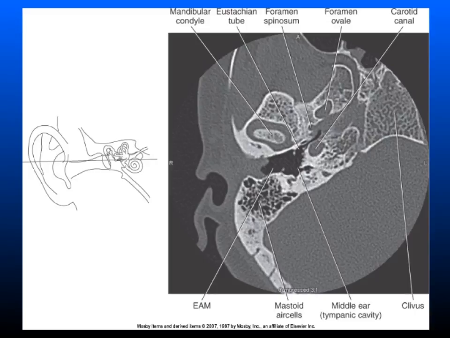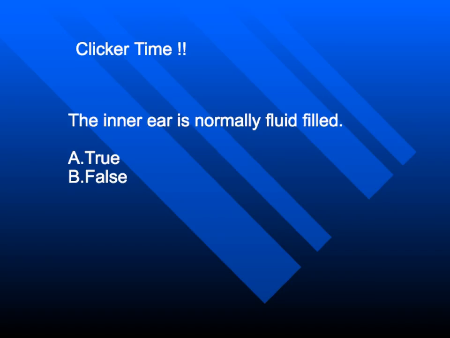I'll give you something really obvious, like where is the EAM, for example. You should know that. But the smaller structures, I won't expect you to know, because I don't think it's necessary to know all that small stuff on the CT.